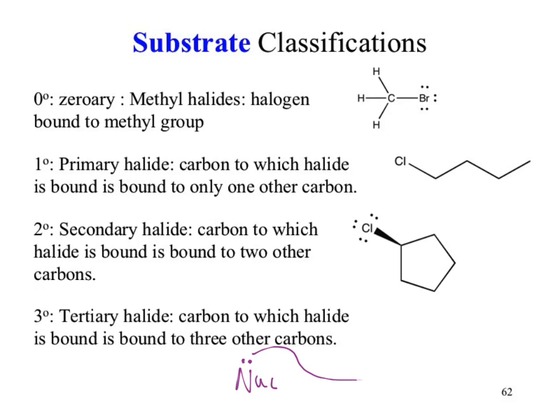Okay? Doesn't happen. So secondary, primary, zeroary. Which one would we expect to react fastest under the SN2? The zeroary, because it has the least hindrance. Okay? What's the issue with addressing the secondary? It's small enough that it does react. Let's push that further.